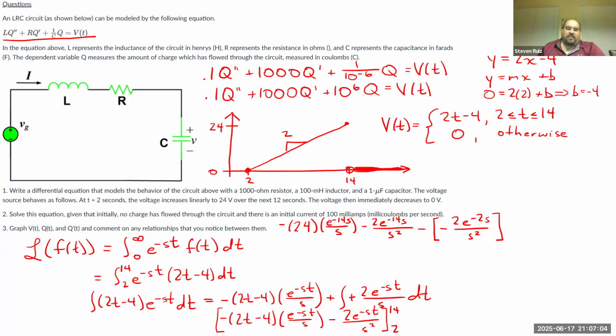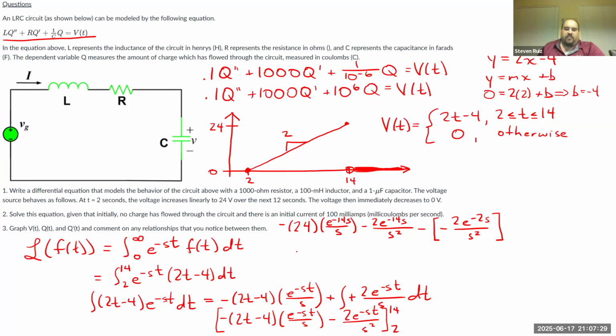When I plug in 14 for t, I get 28 minus 4, 24, so negative 24 e to the negative 14s over s, minus 2e to the negative 14s over s squared. And then when I plug in 2, this becomes 0, and this becomes 2e to the negative 2s over s squared.